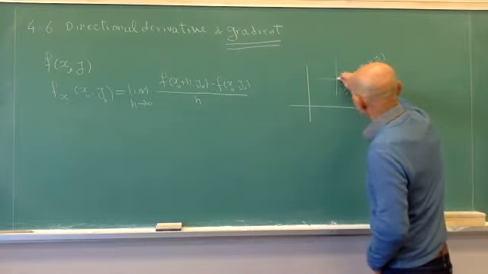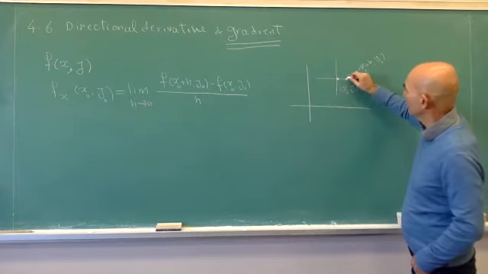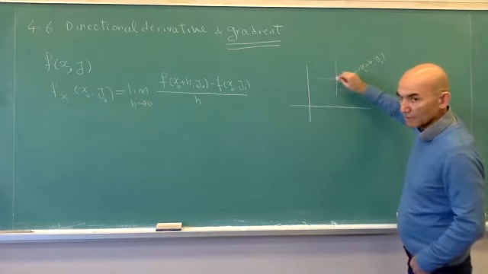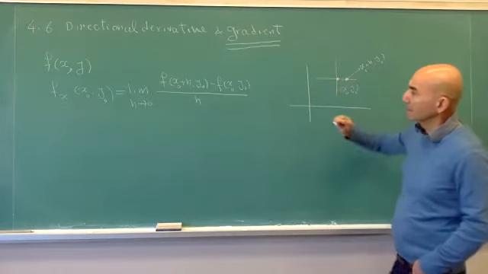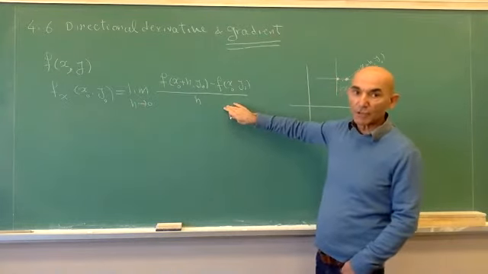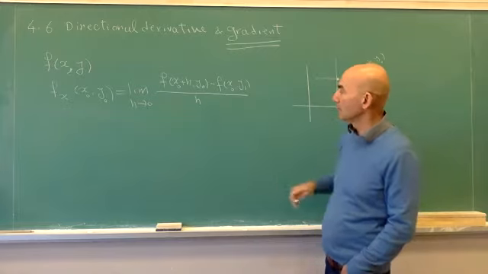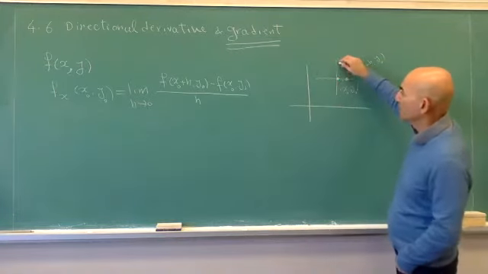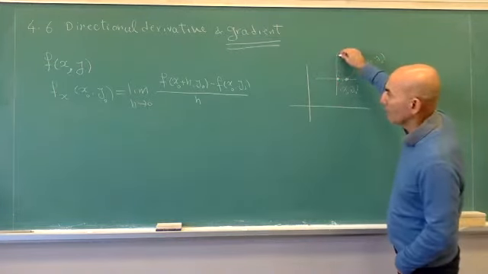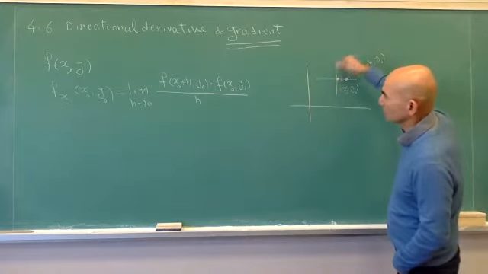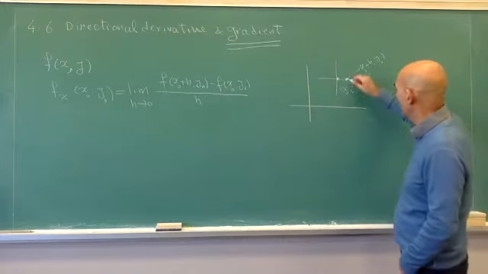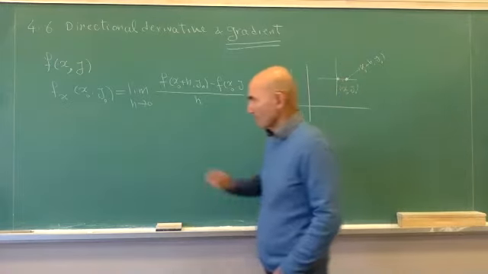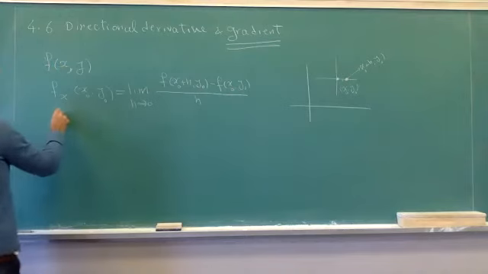We looked at the values of the function at this point and that point, subtracted, and took the limit. So that is the partial derivative in the x direction, right? And of course, similarly, we have the partial derivative in the y direction, which is partial y of f, and the same for fy.